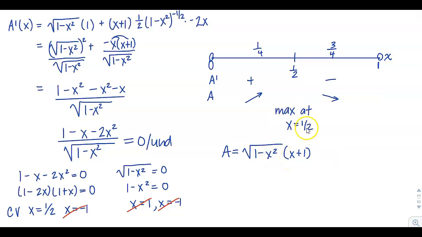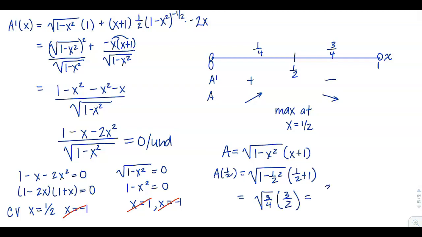So if the max happens at 1/2, then we're simply going to substitute 1/2 into every x. So the square root of (1 minus 1/2 squared), and then (1/2 plus 1), which is the square root of 3/4 here, times 3/2. So we end up getting 3 radical 3 over 4. And we weren't given any specific units here, but since this is an area, we'll go ahead and write units squared.